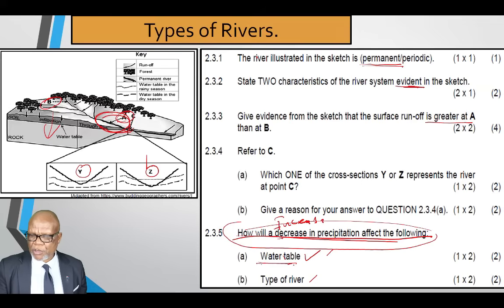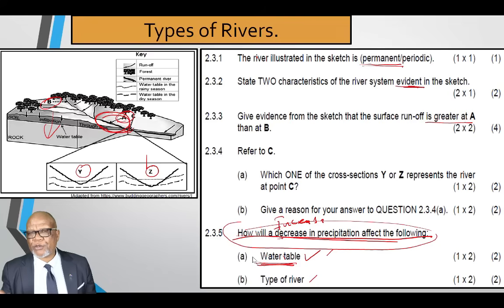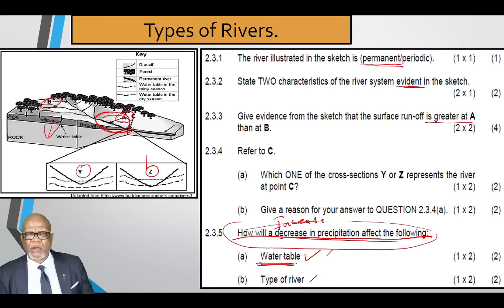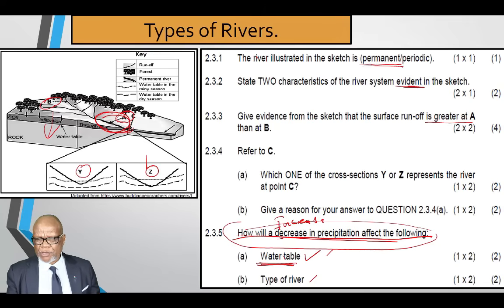Because groundwater will now be used, the water table will also go lower. So this is an application question. It can take any form and direction. It can ask you about an increase in rainfall, a decrease in rainfall, or how the construction of urban settlement will impact on the water table.